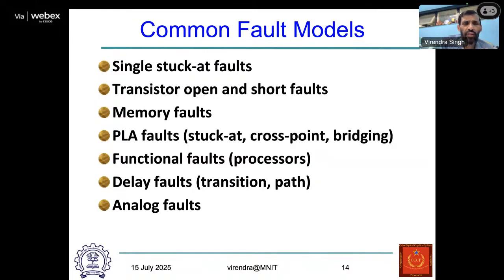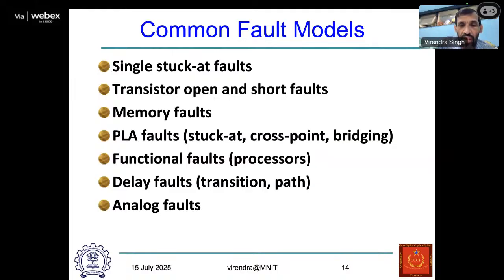Because of the regular structure of memory, we have developed another functional fault model for the memory. Then there are fault models that we use for other kinds of regular structures, like for example the programmable logic array, PLA or PAL, which are very regular in nature, wherein you have AND and OR gates, and then they are reconfigurable.